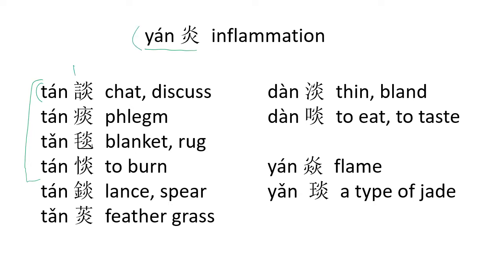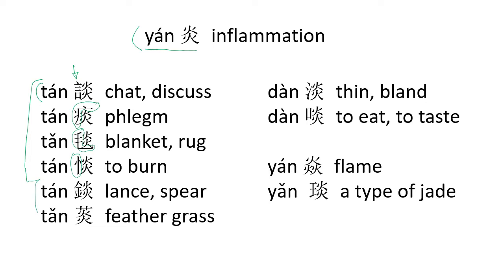And if it's got the speech in front, then it means to chat or to discuss. If it's got this thing here, which is the illness radical, then it means inflammation with illness, phlegm. If it's got this thing here, which is the radical for fur or sort of furry stuff, skin, stuff like that, then it means a blanket or a rug. And if it's got the heart radical in front, then it means to burn.